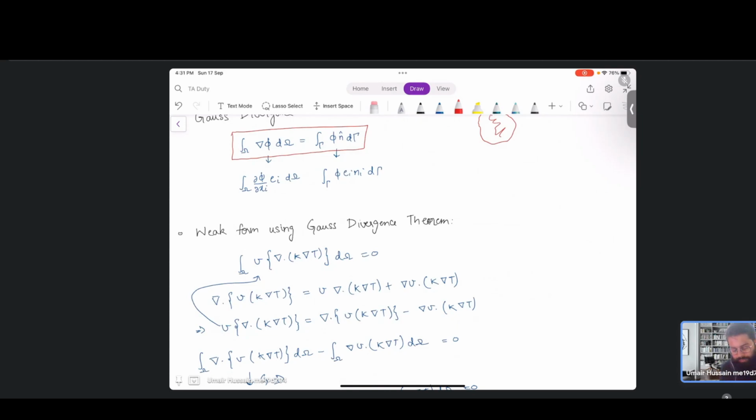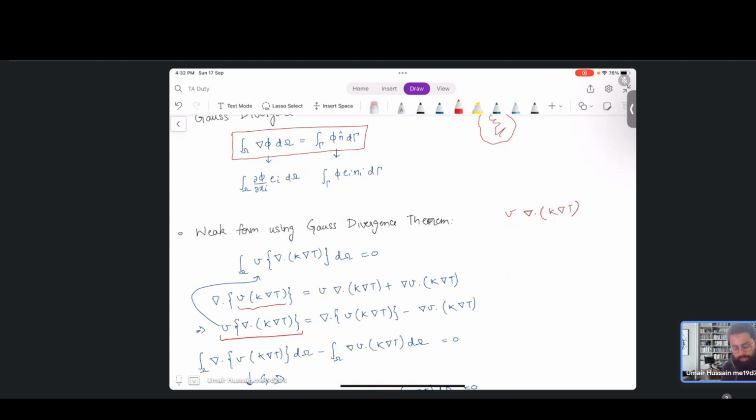Suppose we have some quantity like this and we take the divergence of it. By applying the product rule of differentiation, we have these two quantities. So we can say that this quantity can be written in terms of these two quantities. In our strong form, we usually have a second order derivative, something like this, and we multiply it with the weight function.